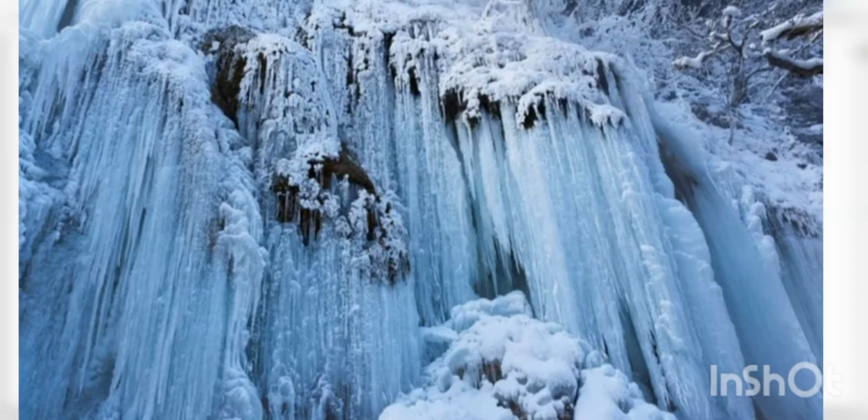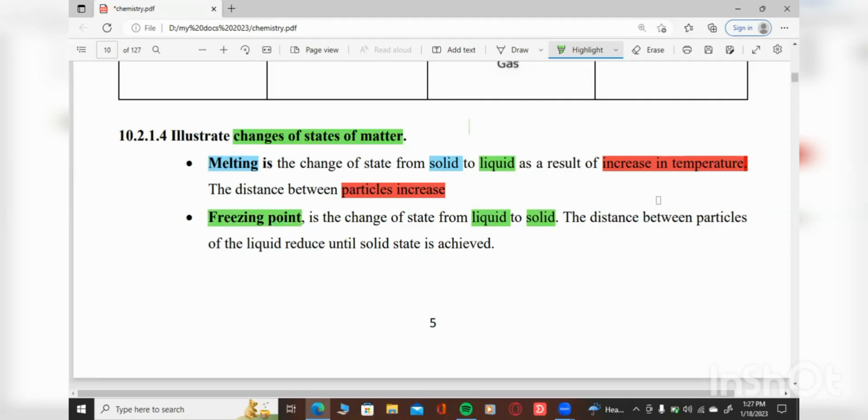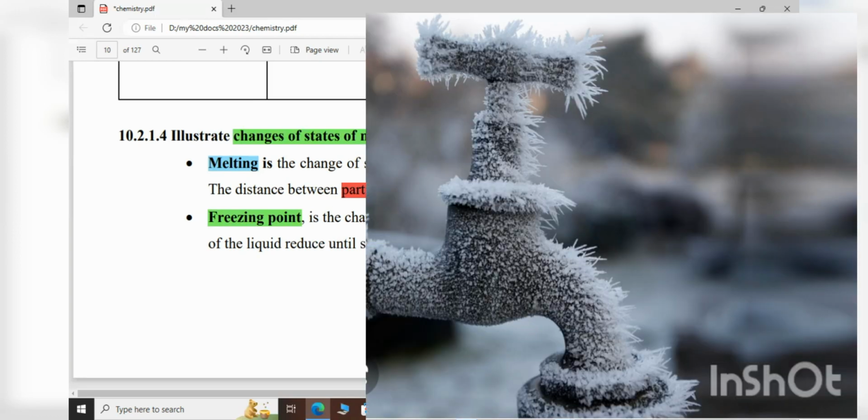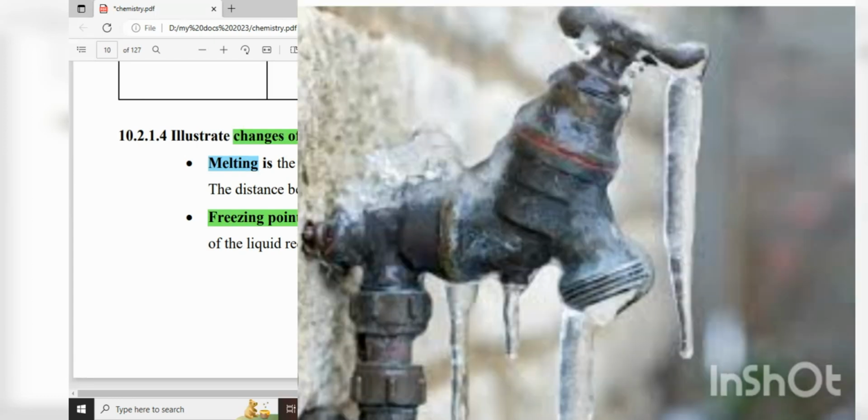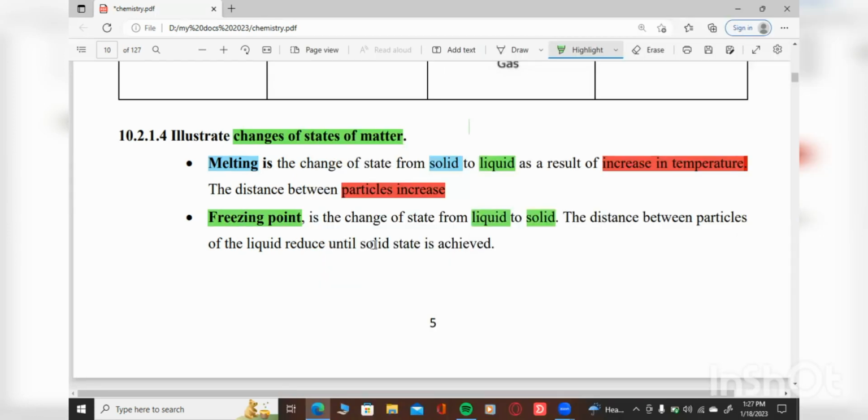Also temperature affects that. When temperature increases, that would be melting. When temperature decreases, that would be freezing. So the freezing point is the change of state from liquid to solid. Then the distance between particles of liquid reduces until solid state is achieved.